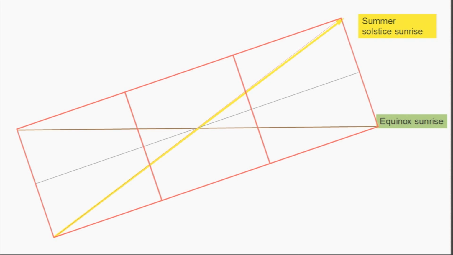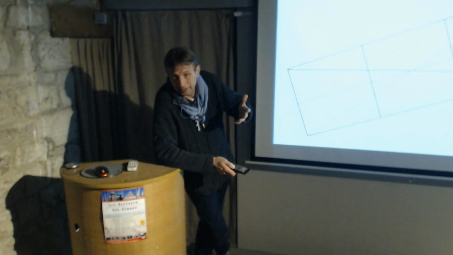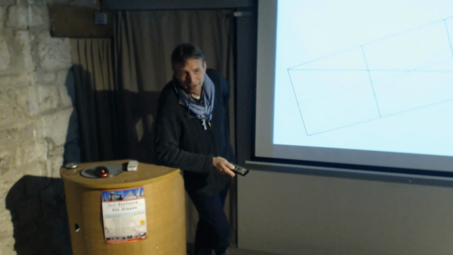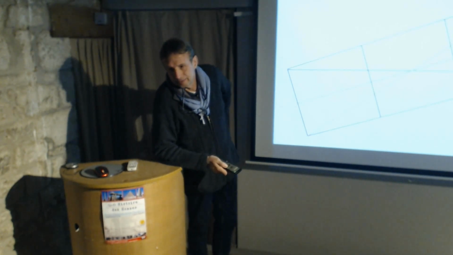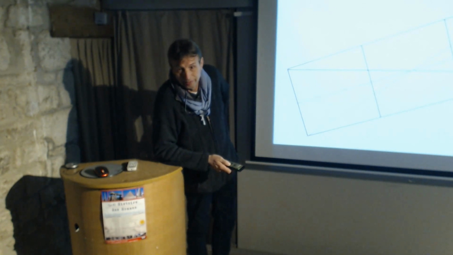So if you put a triple square like that with one diagonal on the east-west line at this latitude, then the other diagonal goes to summer solstice. This is also clear geometry. You can work this out. You calculate the angle of a triple square, you double it, and you get the angle of a 3-4-5 triangle. And it's not approximate, it is exact. To 100 decimal places, if you will.